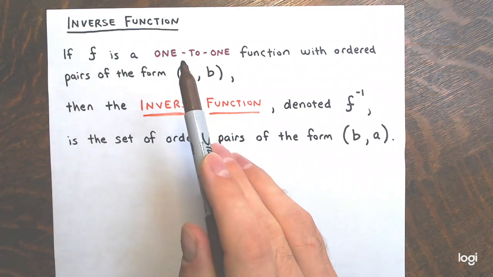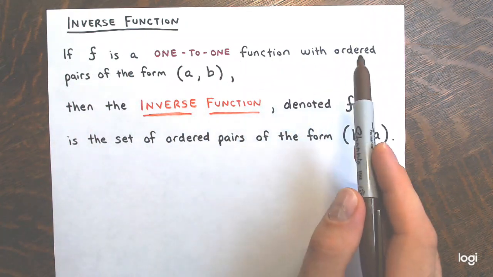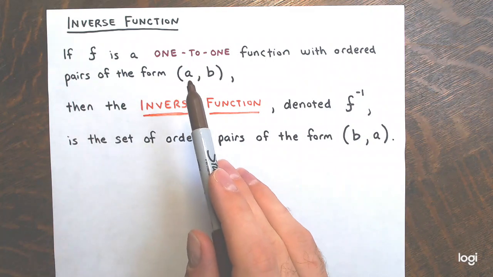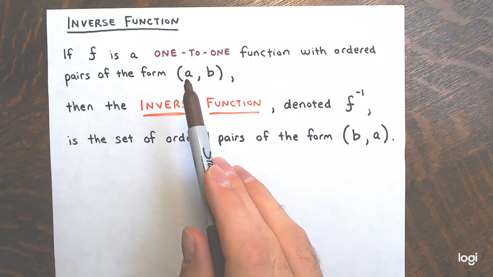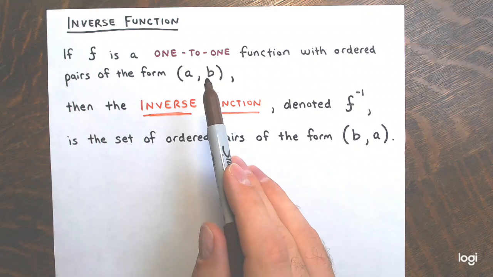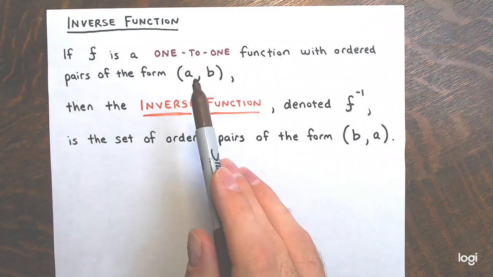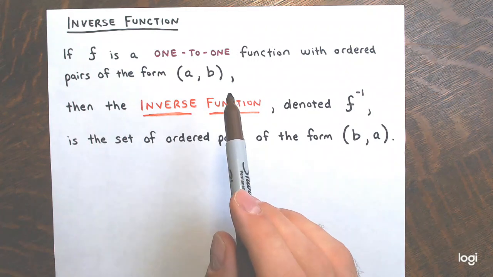So if f is a one-to-one function with ordered pairs of the form (a, b), input a, output b, where a and b are real numbers, or really whatever. They don't have to be numbers. In fact, they can be really any elements.